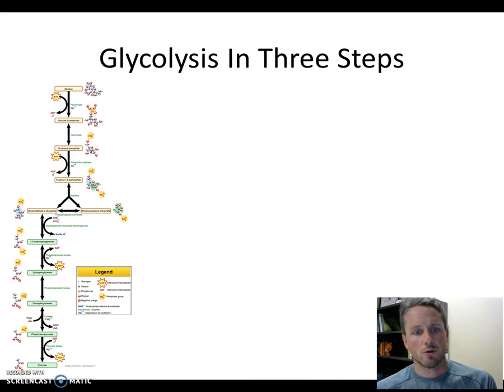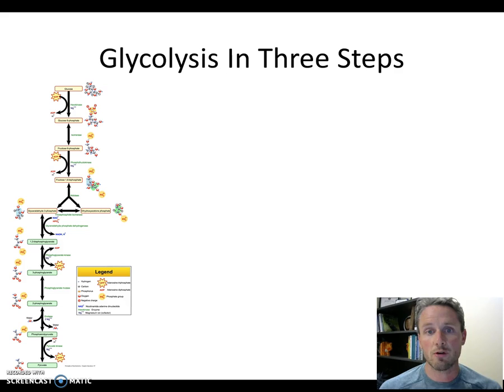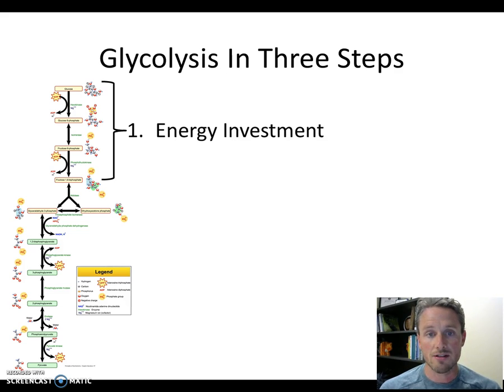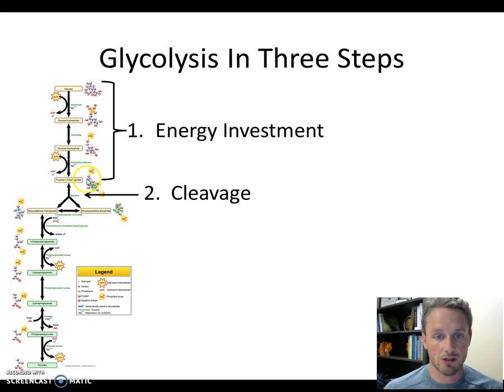So we're going to take that complicated set of chemical reactions and think about it in 3 parts. Part 1 is going to be the top here. We're going to call that energy investment. The next step right here will be cleavage. You can see that this molecule is getting broken apart into 2 molecules, and then this molecule is getting converted into the identical shape as this other molecule.